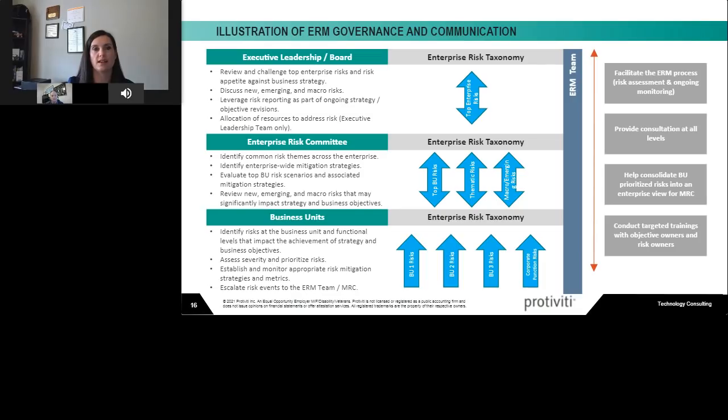So this next slide is just an example or illustration that you can maybe utilize as a starting point for putting together an ERM structure, governance structure. As you'll see, we have the business units as the bottom, the enterprise risk committee, and then that reporting structure up to executive leadership and the board.